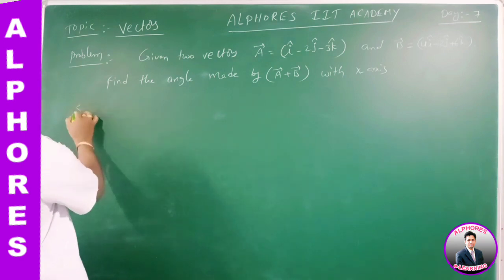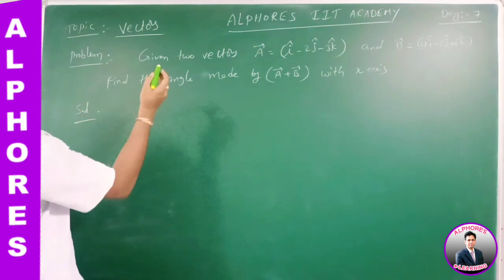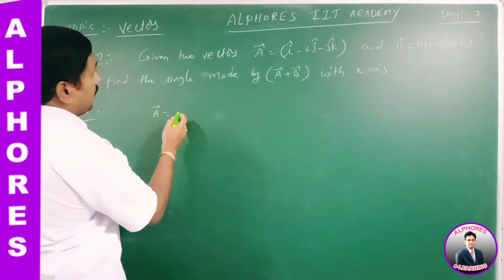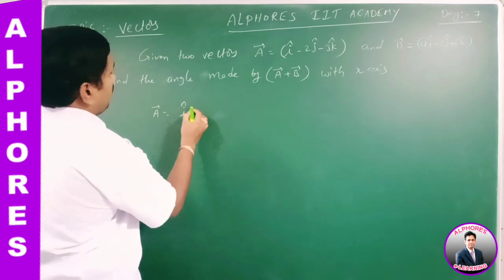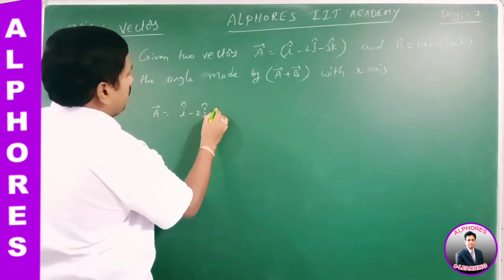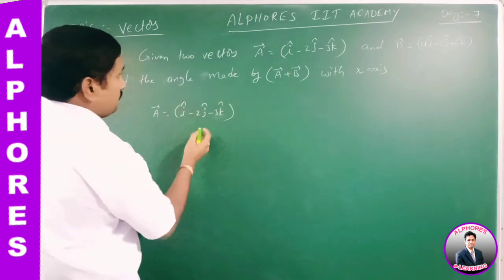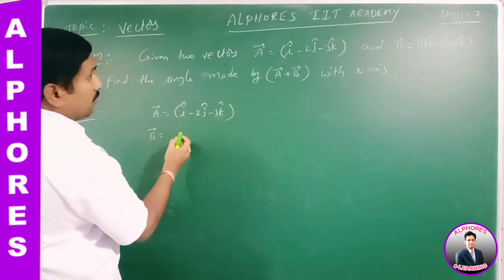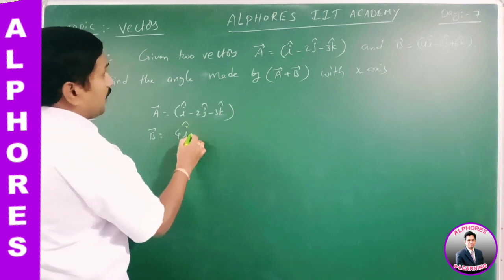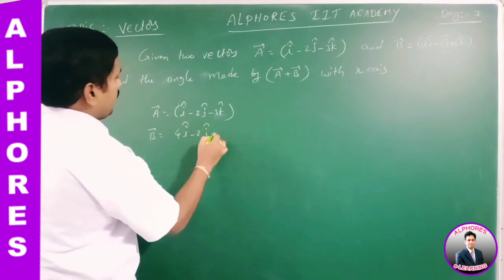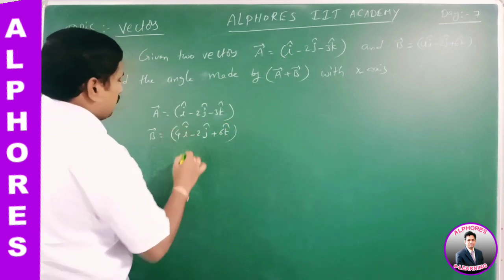First of all, before going to the solution, I have to take these two vectors. a bar is equal to i cap minus 2j cap minus 3k cap from the given data, and b bar is equal to 4i cap minus 2j cap plus 6k cap. So these are the given two vectors.